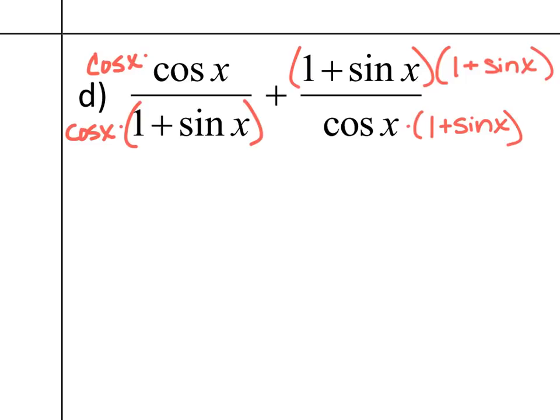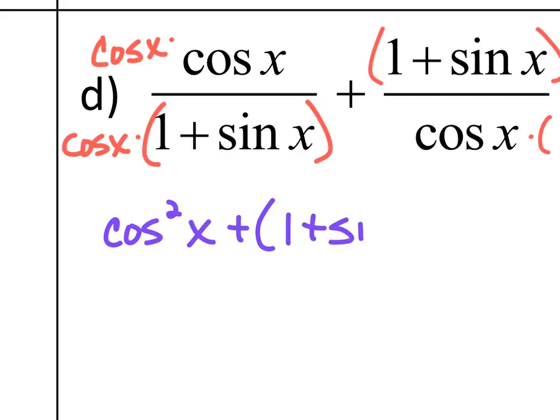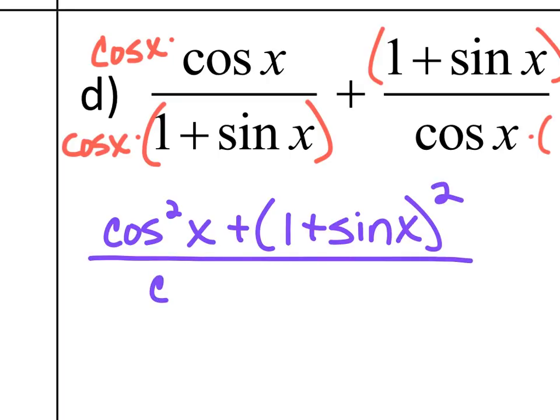And so what I get in my numerator, it's going to get ugly before it gets prettier, but what I get in my numerator is cosine squared of x plus the quantity 1 plus sine of x squared all over cosine of x times 1 plus sine of x.